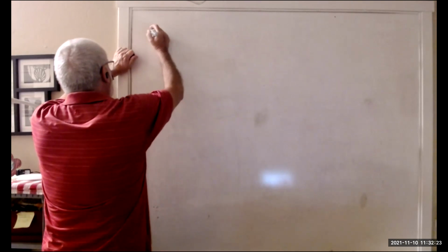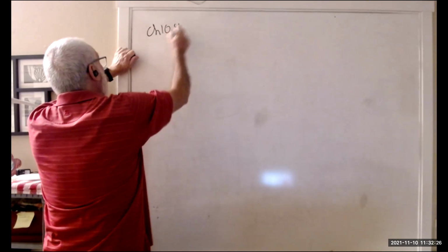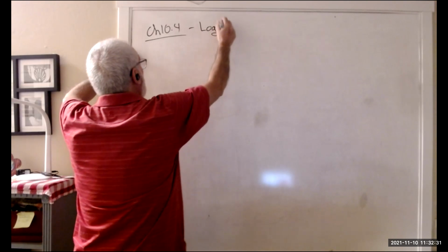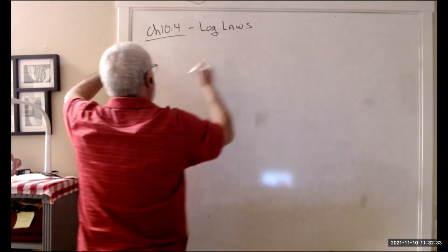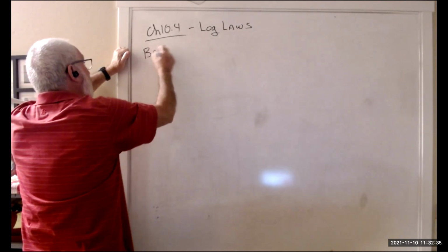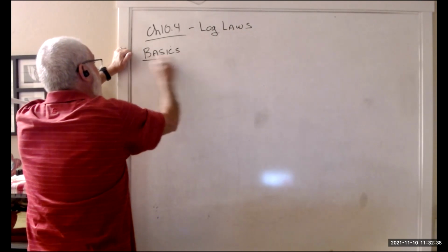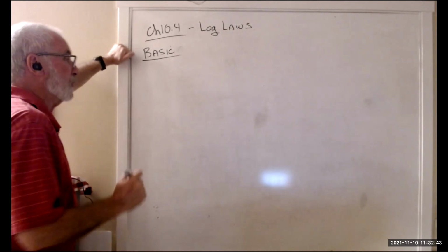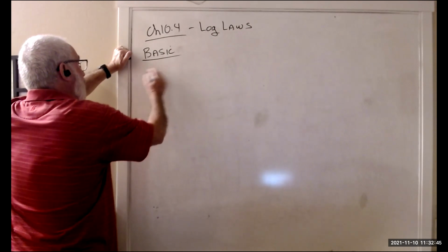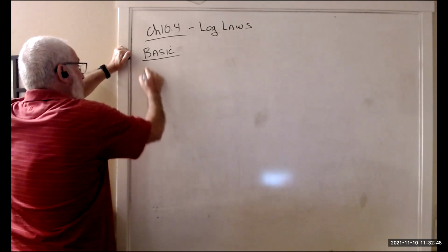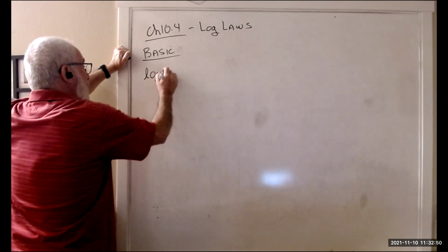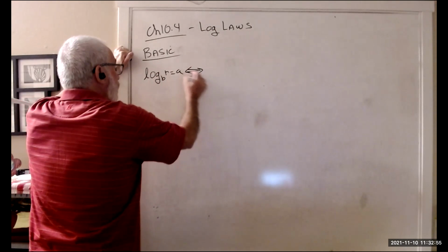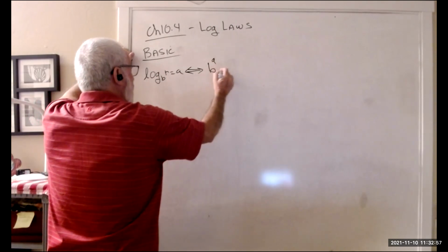In chapter 10.4, we introduced something called the log laws. There are some very basic laws, and then some more difficult ones. The single most important one is the Brabar rule: log base b of r equals a can be converted into b to the a equals r.